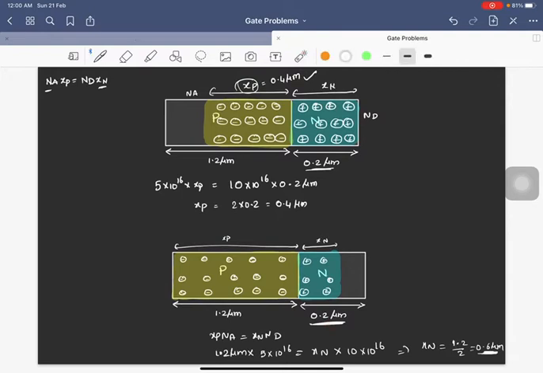This means the depletion width region is extended, but it is not less than 0.2 micrometer. So our guess that P region is completely depleted ahead into N region is wrong. But if you assume that N region is completely depleted and find out the P region width, that is correct. That is satisfying. 0.4 micrometer is less than 1.2 micrometer. That means P region is not completely depleted when you are assuming N region is completely depleted.